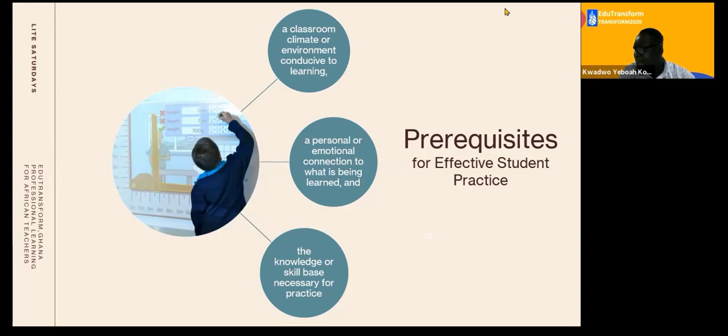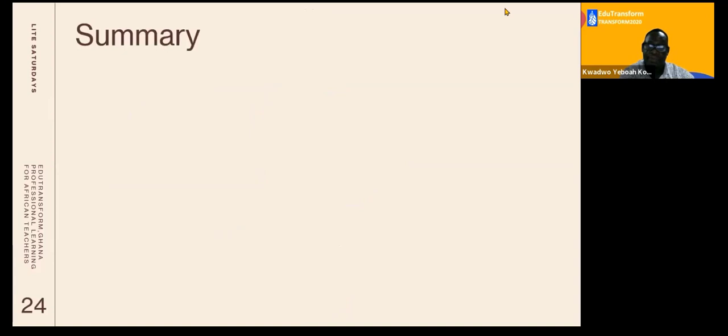So in a nutshell, what have we been talking about? Can you give us a summary of what we talked about in terms of practice, that key element that we need to ensure that students' learning is cemented, is consolidated for them? Good.